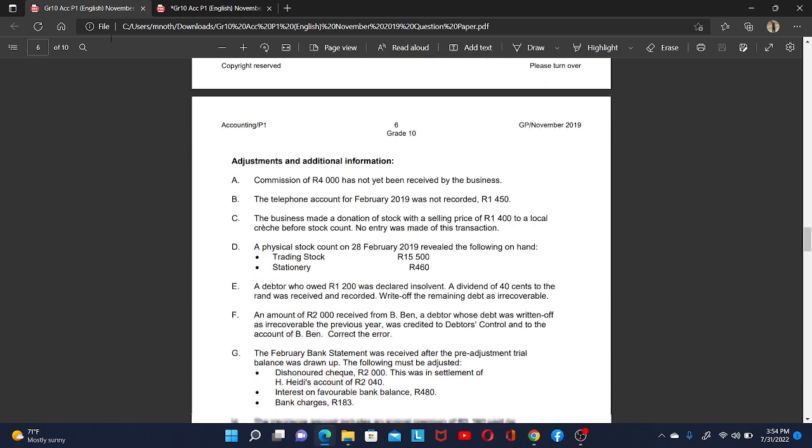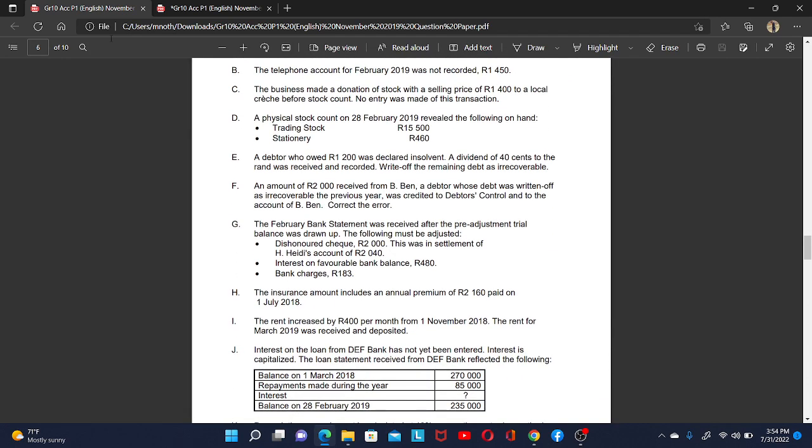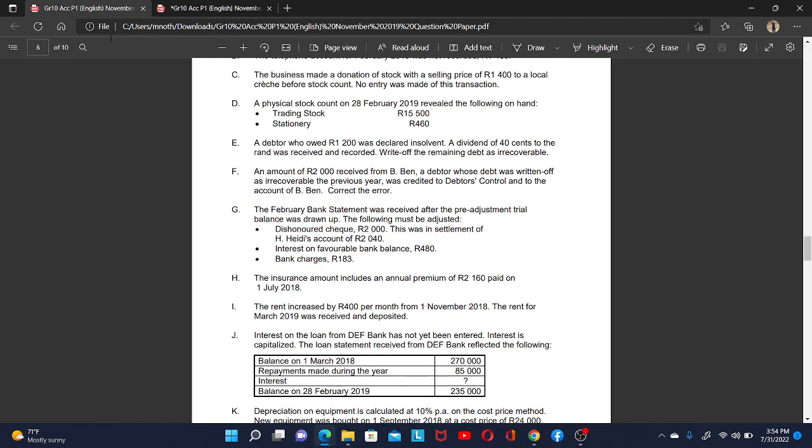And then the next one, insurance amount include an annual premium of 2,160. So if they are saying annual premium, this means that this insurance is from July, August, September, October, November, December 2018, January 2019, February, March, May, June.